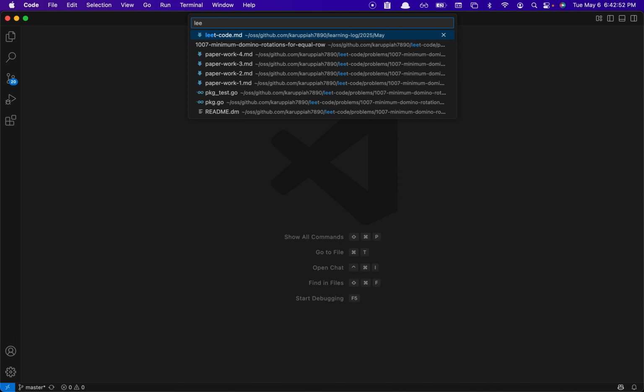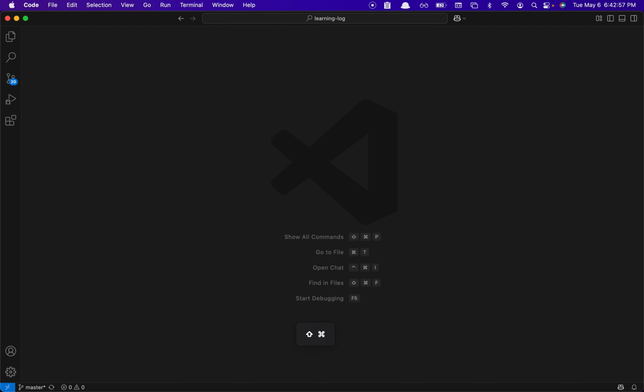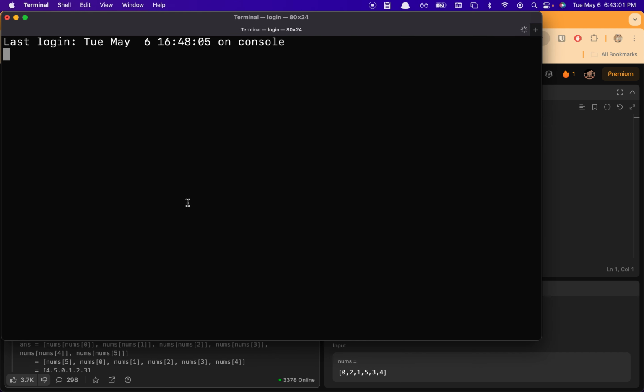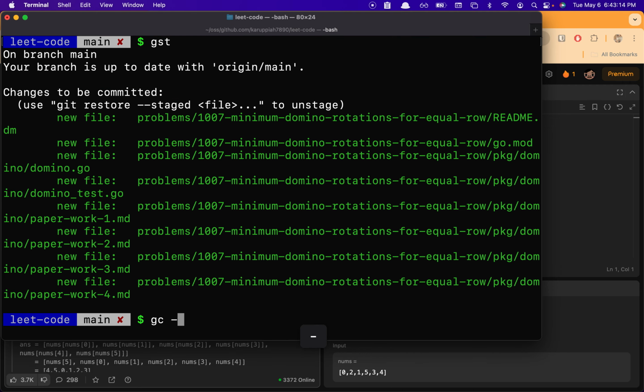Let me try that. Let me start up the terminal and go to LeetCode. This is an old problem that I had, the minimum domino rotations for equal row problem.